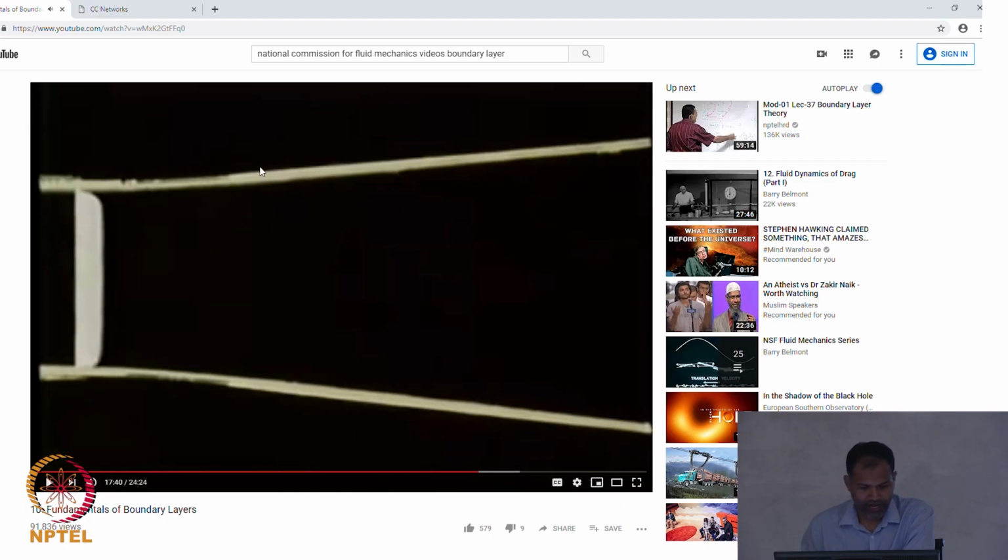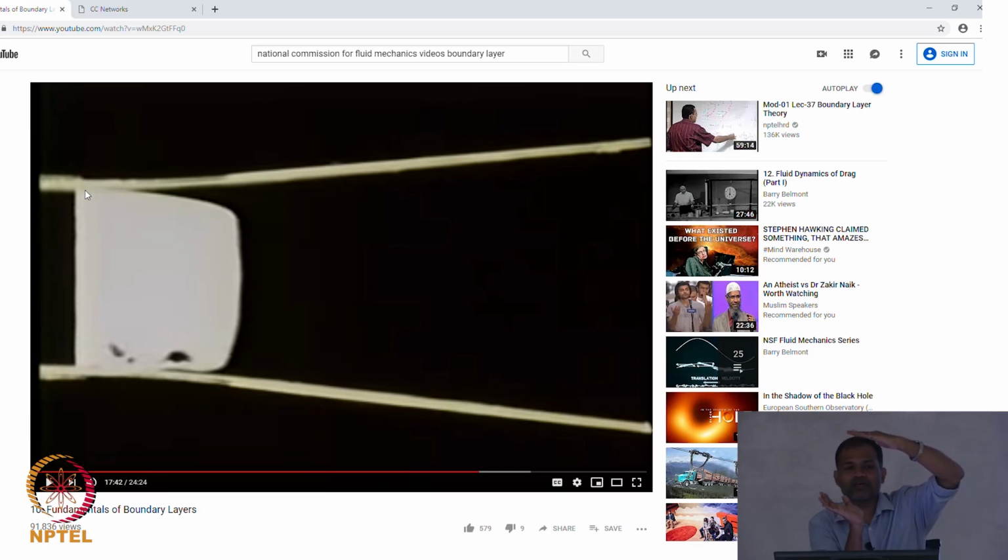Note this. Here you have the same diverging channel. The fluid is coming in at the top, and it is just a smooth pipe.